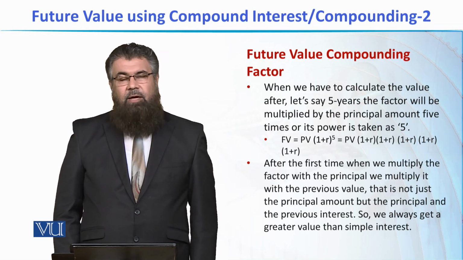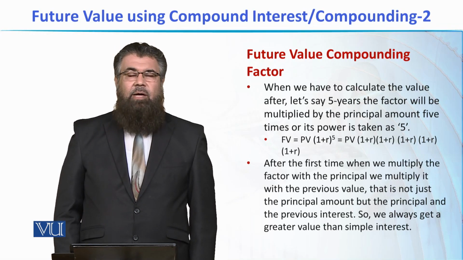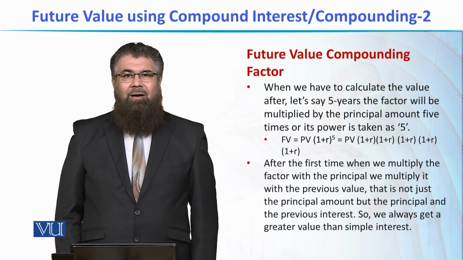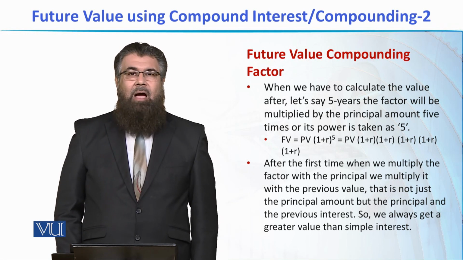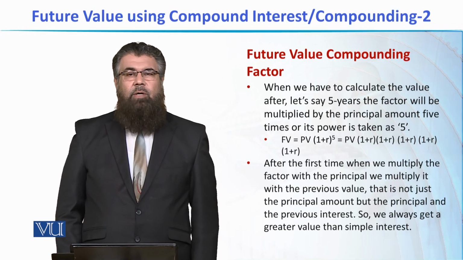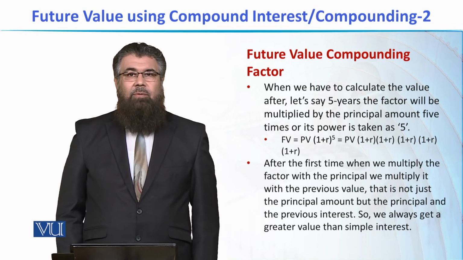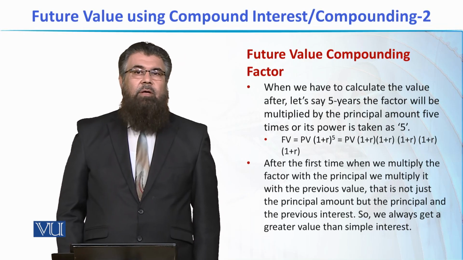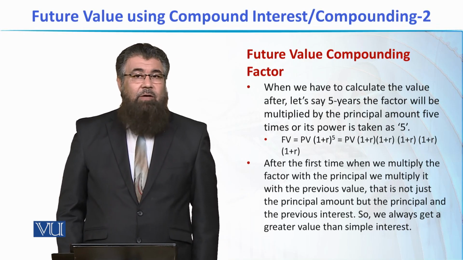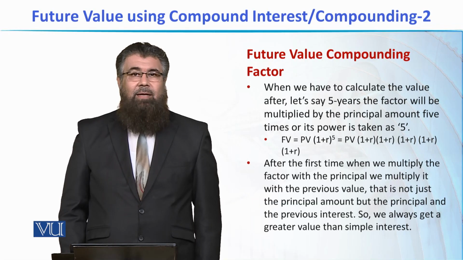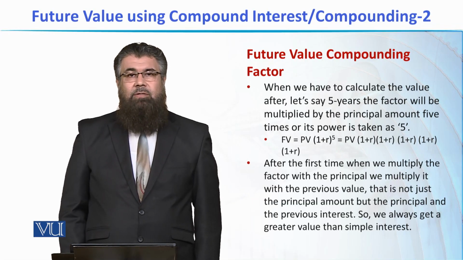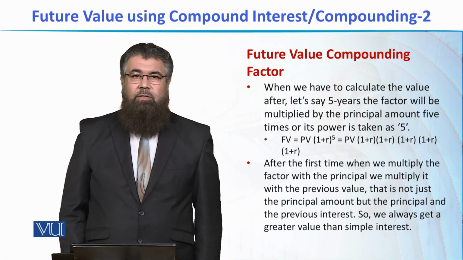That means if 1 plus r is multiplied once with the present value, the second time 1 plus r is multiplied by the answer of present value into 1 plus r. The second time it is multiplied by the answer, that is called the balance amount, and hence we keep on getting a greater and greater future value. And this is what we have been emphasizing again and again, that compound interest gives us a greater and greater future value.